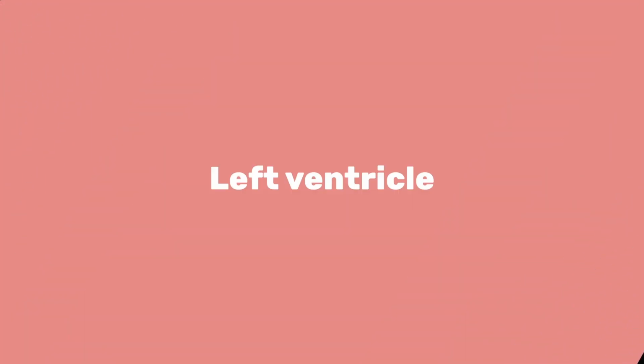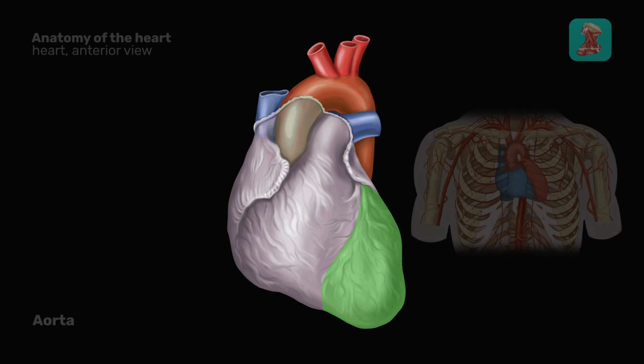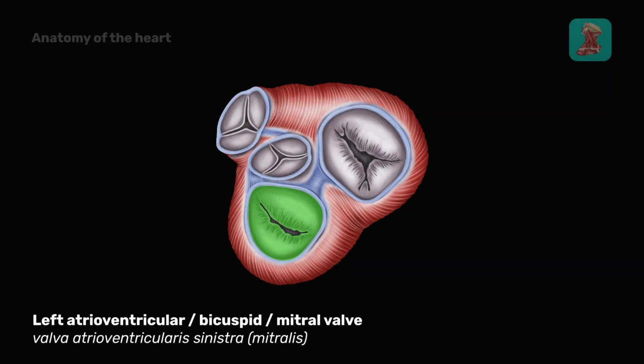The left ventricle is located below the atrium. The left ventricle is the largest chamber of the heart. Its wall is the thickest, and its contraction provides a large volume of blood discharge into the aorta, which is the largest artery of our body. Let's examine the structure of the left atrioventricular, bicuspid or mitral valve.